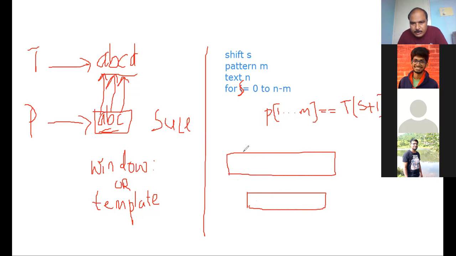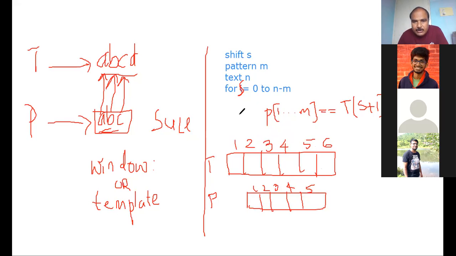Here the index starts from 1; I'm not starting the index with 0. The index of the pattern also does not start with 0, it starts with 1. So this is the text and this is the pattern.